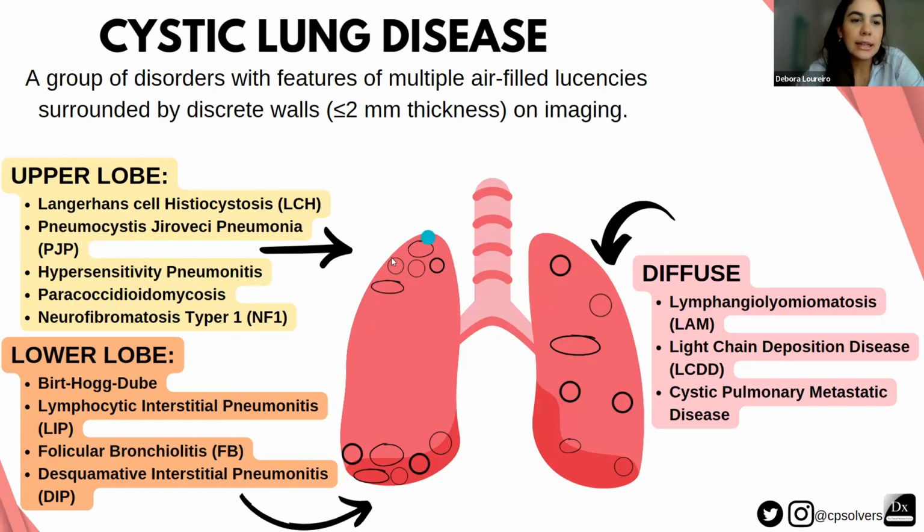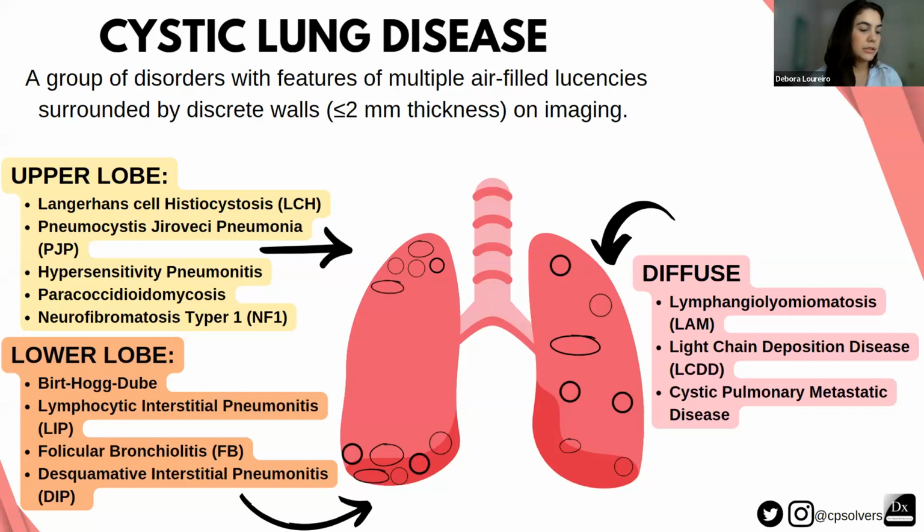In this case, we can start seeing that this differential will not fit. Langerhans cell histiocytosis is normally associated with smoking. PJP is normally in patients that are immunosuppressed. Hypersensitivity pneumonitis normally involves inflammation because of an antigen and can have ground glass opacity.